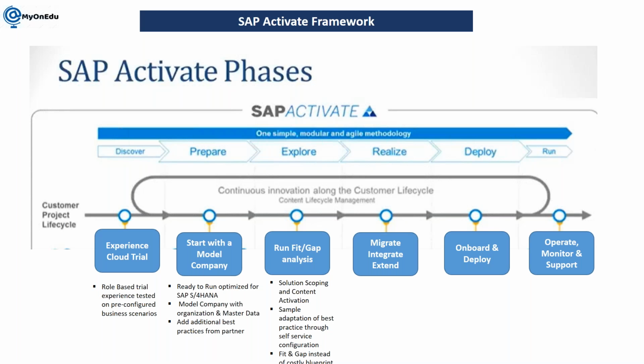But in SAP Activate methodology, SAP has given ready-made things like configuration as per the business industry. If you are going for a specific industry, SAP has already given pre-existing configuration.